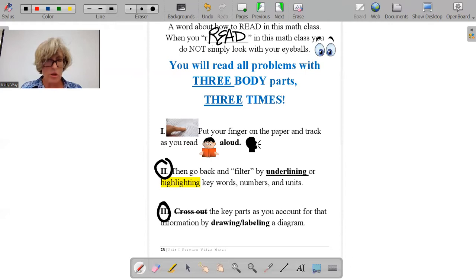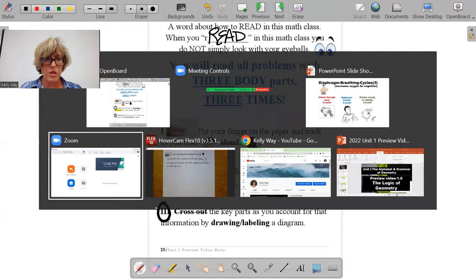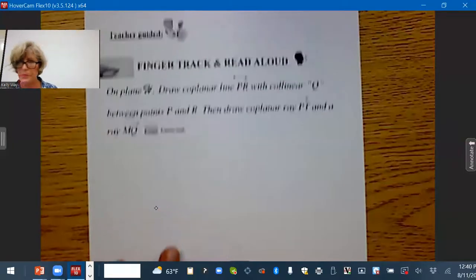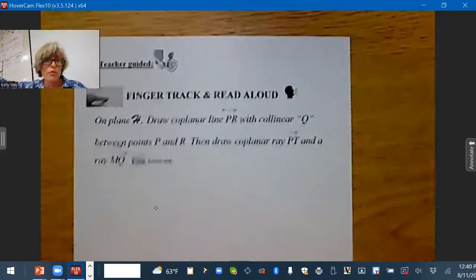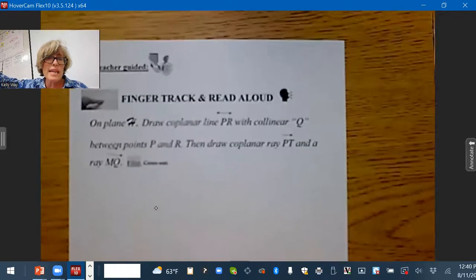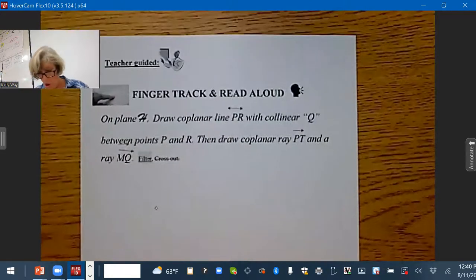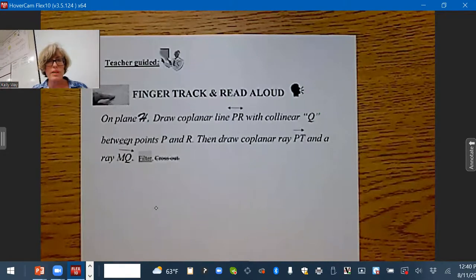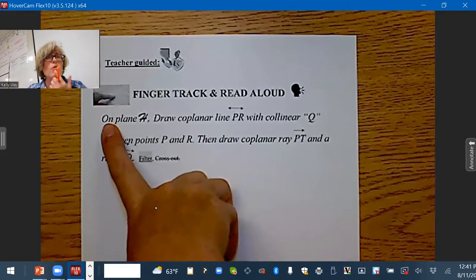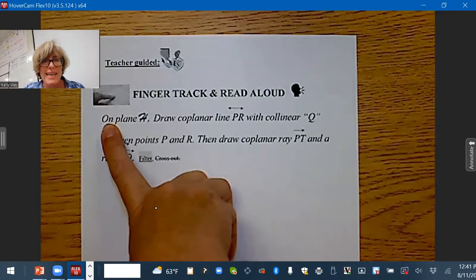All right, turn your page until you see this. I'm going to model what 3 body parts 3 times looks like, that you will follow both in class and at home when you are all by your lonesome. Finger, not pencil, on the page, ready? Aloud, read with me.